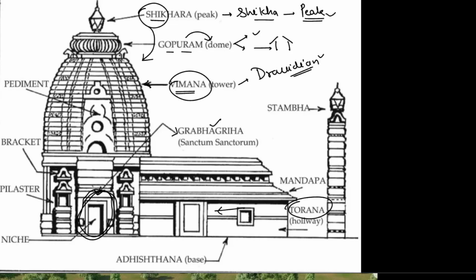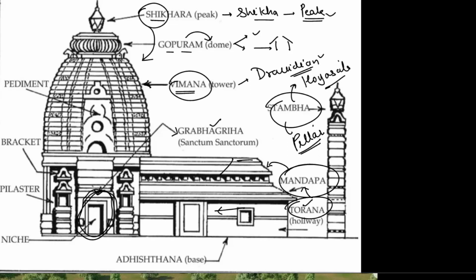The hallway is known as the Toran. It is built beneath a mandapa. The mandapa is this structure, the roof of the hallway, and then there is a stambh. A stambh means a pillar. The pillar is prominently found in the Hoysala style or the Vesara style of the Dravidian architecture.